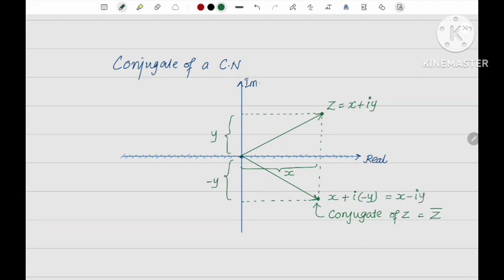So this complex number, which is the mirror image of z about the real axis, is called the conjugate of this complex number z.